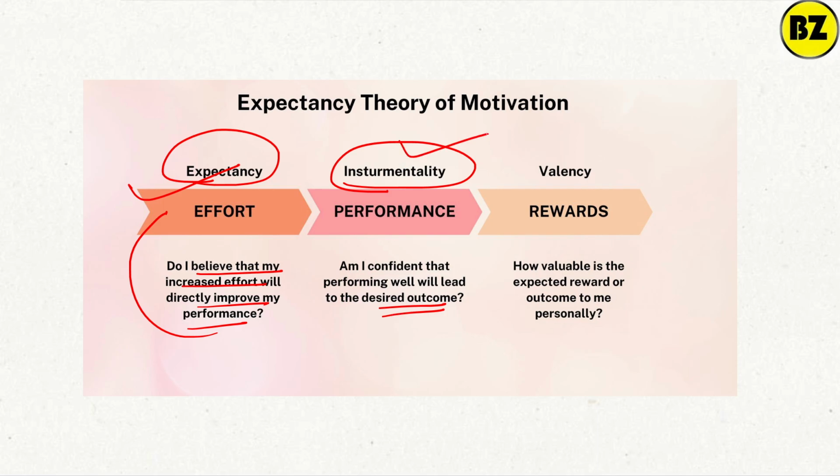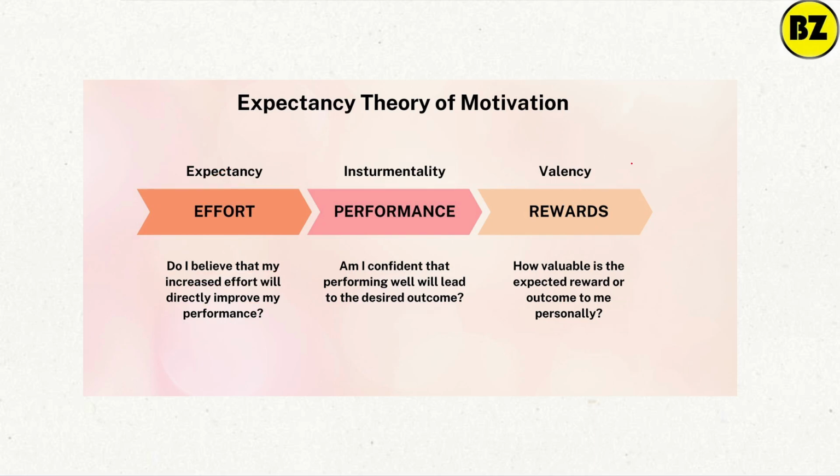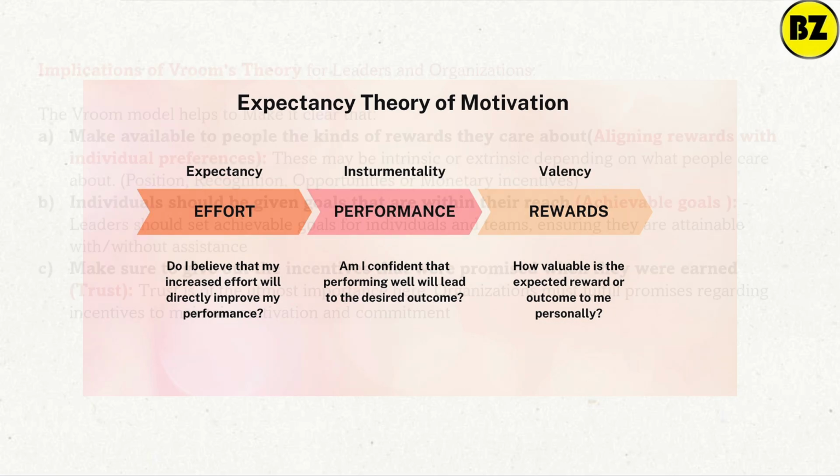This is the instrumentality. And valency means what? How valuable is the expected reward to me personally? If they are offering some money, if they are offering only the trophy, how important is that reward for me personally, right? So this is the valency. So these are the expectancy theory of motivation.